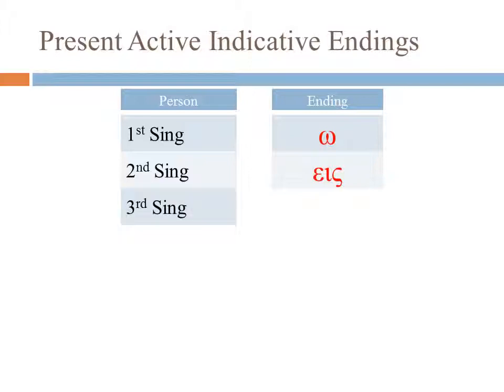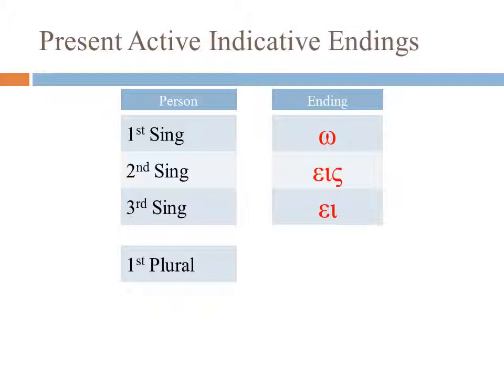Third person singular, which is he, she, it, and remember verbs do not have gender, so it could be any of them, is epsilon iota, ei. So the difference is ei and eis, the second person has a sigma.